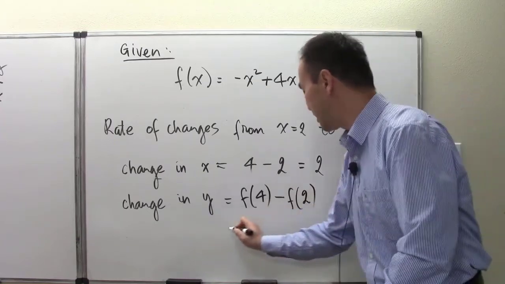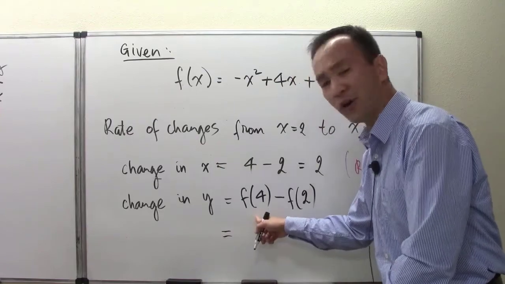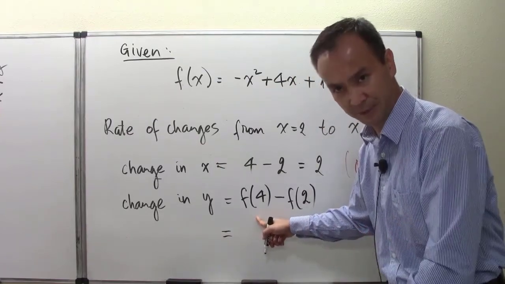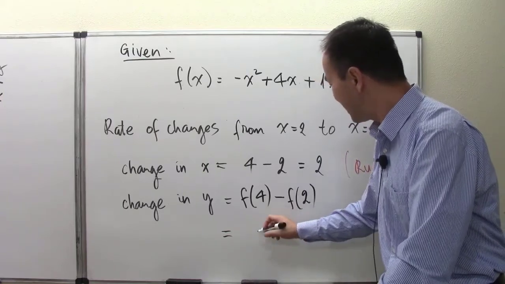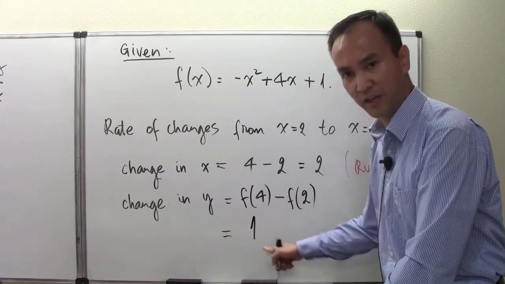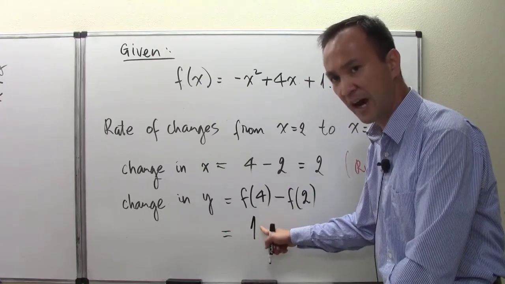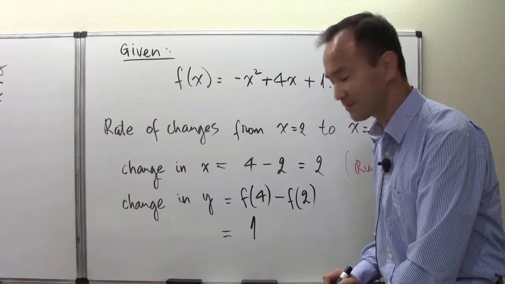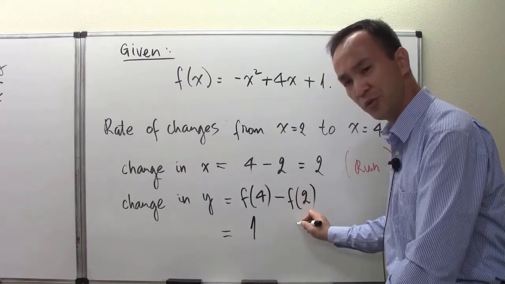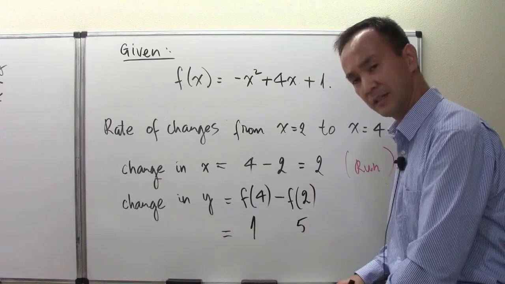Now, calculating it, f of 4. Anyone viewing this video can go ahead and help me calculate this. That is going to give me a positive 1, and you can always double check with me. This is the final output. The initial output, f of 2, we had as 5.